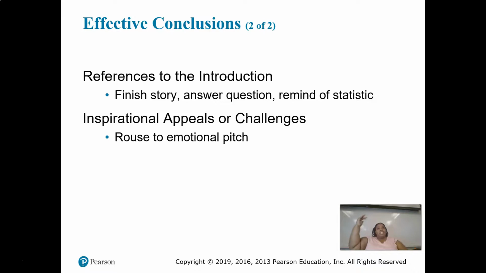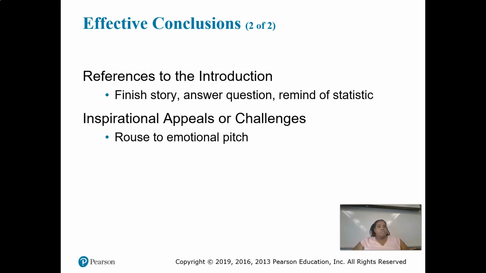Answer the question that you presented at the very beginning. So if you ask a question as an attention getter, you can answer that question at the very end. Remind the audience of the fact or stat that you presented to bring it around, and nicely cinch the speech together.